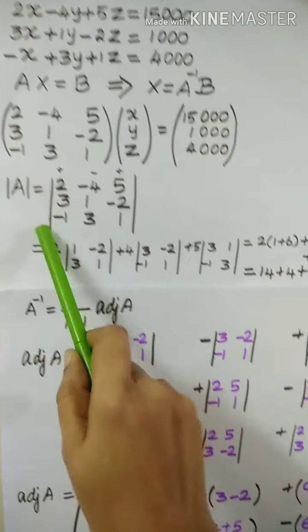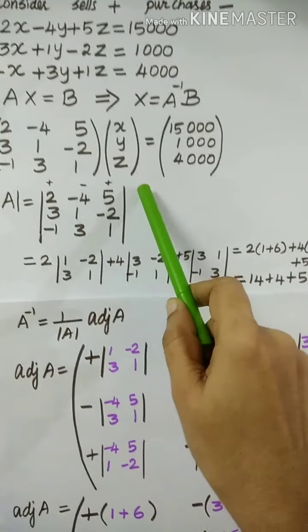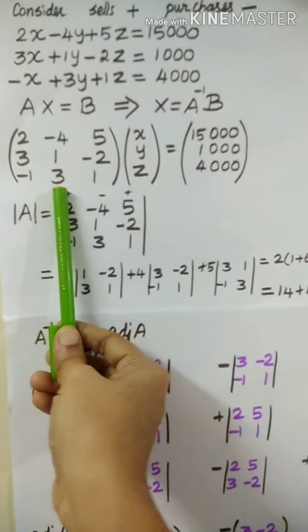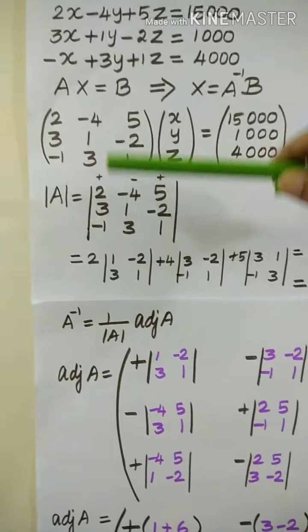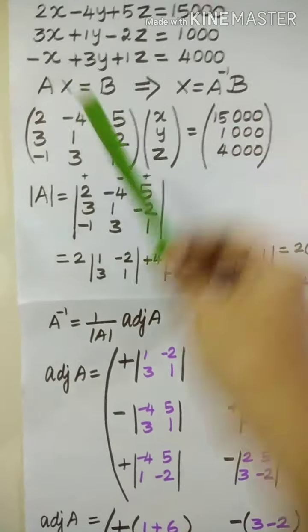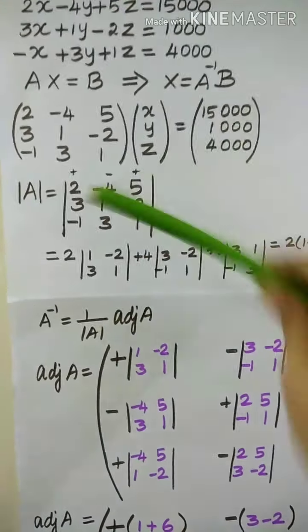Determinant, whenever it is 3 by 3 matrices, let us put the symbols plus, minus, plus. Plus 2 into, hide the row, hide the column, write the remaining terms. Similarly, second, minus into minus 4 will be plus 4. Hide the row, hide the column. 3, minus 2, minus 1, 1.